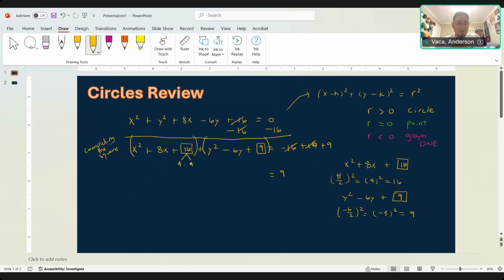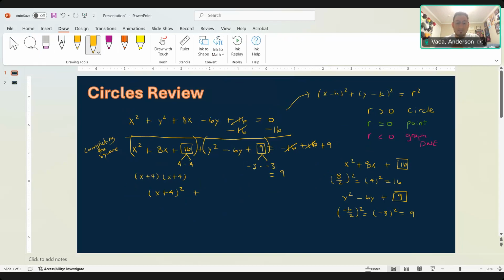4 times 4 will be equal to 16. Also, 4 plus 4 will be equal to 8. So this factors into x plus 4, which is the same as x plus 4 quantity squared, plus negative 3 times negative 3 will be equal to 9.